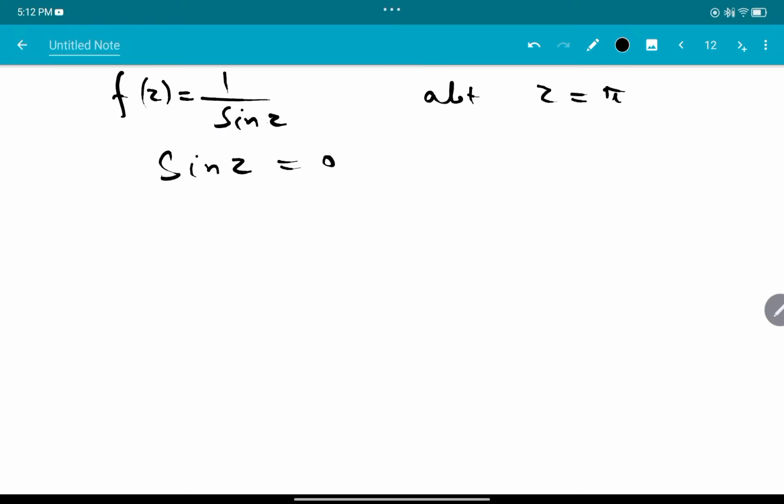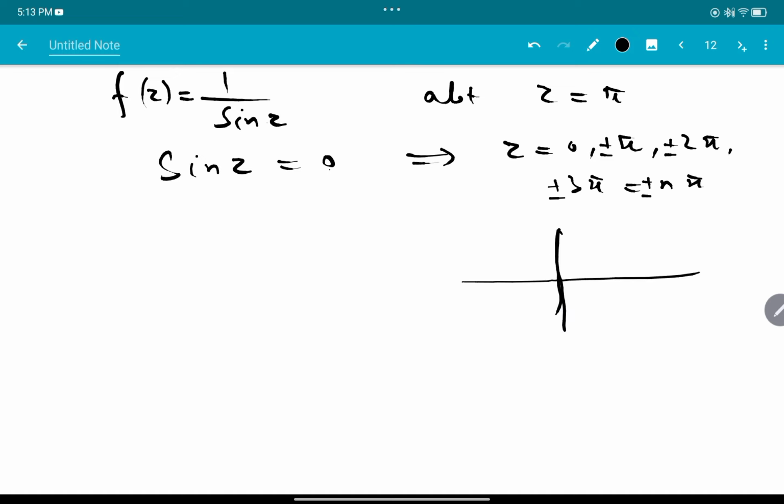That gives z equal to 0, pi, 2 pi, 3 pi, and so on, positive as well as negative values. So it is n pi, for positive or negative n.